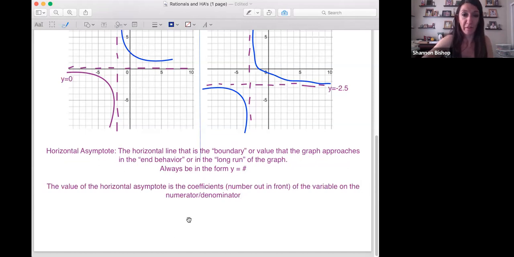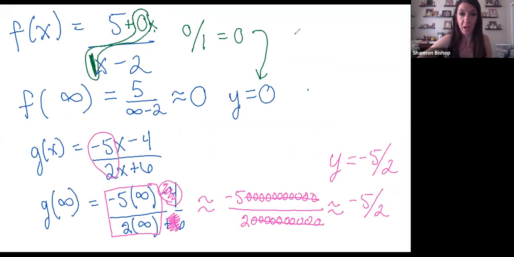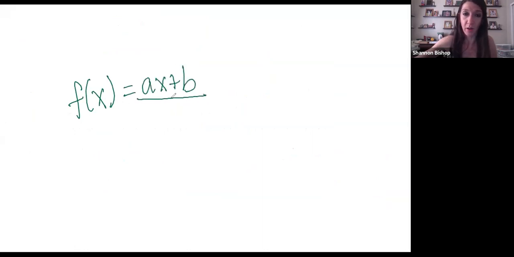So for instance, let me just switch to whiteboard. That'll be easier. From this point on, if you have some rational function like f of x equals ax plus b on top, and cx plus d on the bottom, I'm just making all this up.